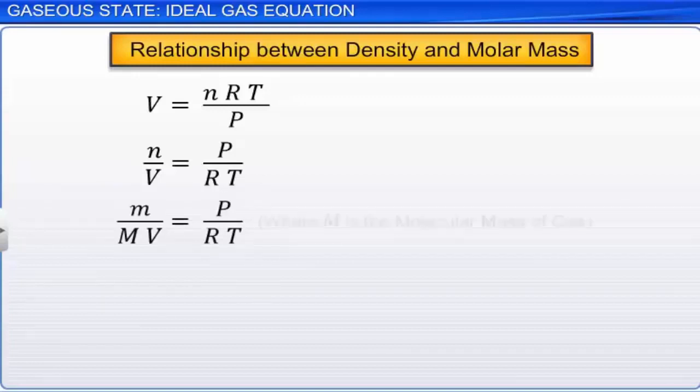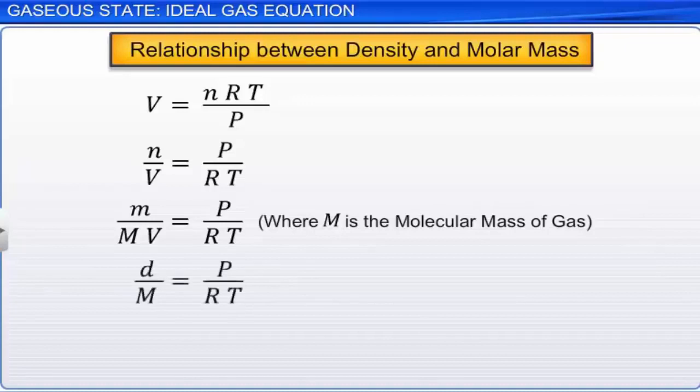Thus, we can rewrite the equation as d divided by M is equal to P divided by R into T. On rearranging the equation, we get the relationship to calculate the molar mass of a gas as M is equal to d into R into T divided by P.